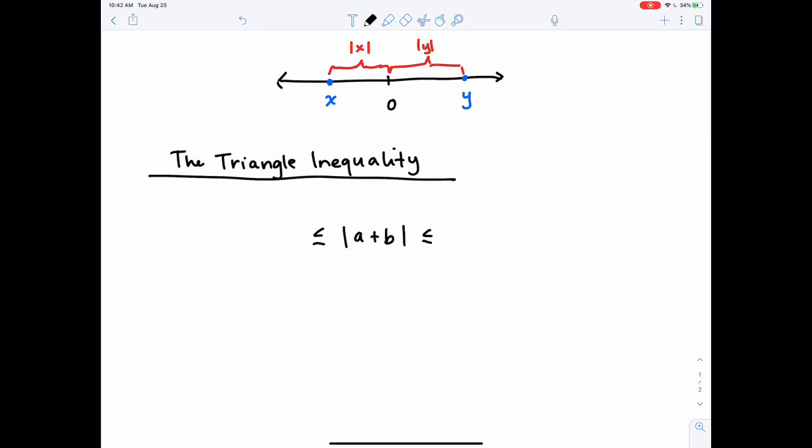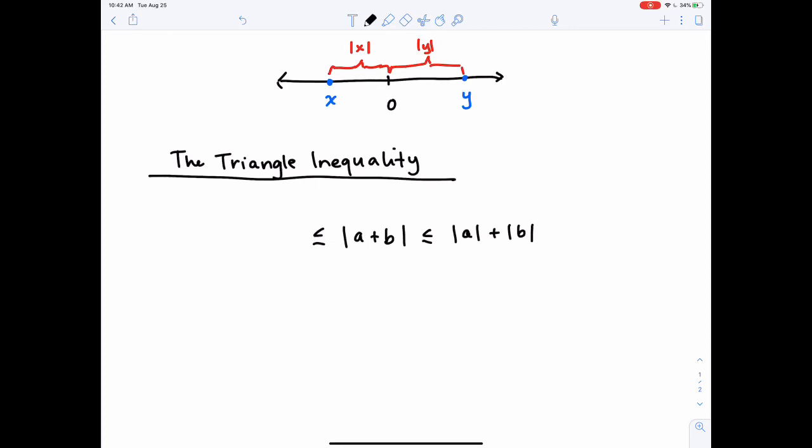If they're opposite sign, then when you add them together, that's going to decrease the overall magnitude of the value that comes out of the absolute values. Whereas if you were to throw out the signs first and then add them, you're going to end up with something larger. So when you split absolute values apart, you either stay the same in the event that A and B have the same sign, or you get something bigger.